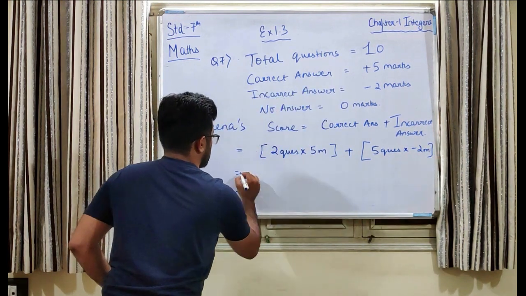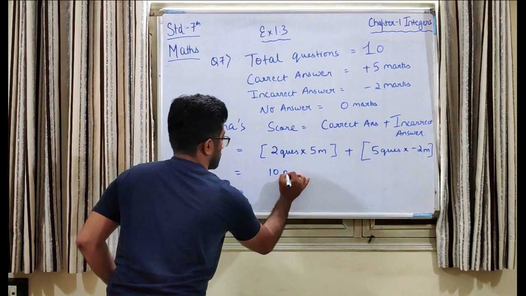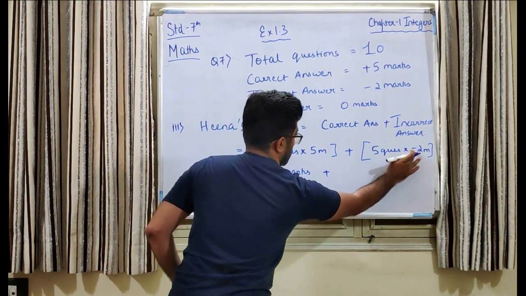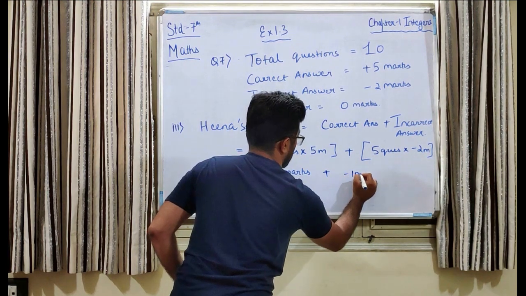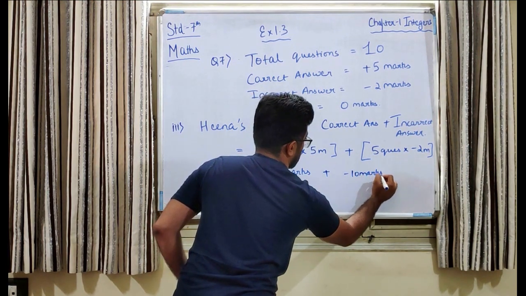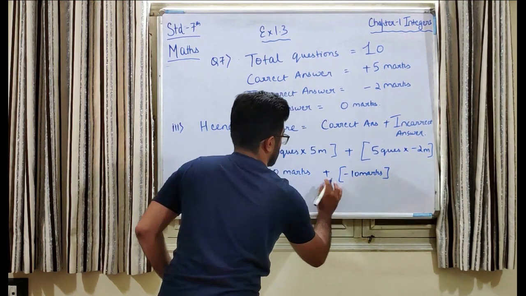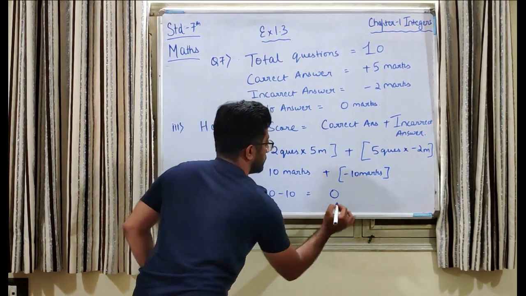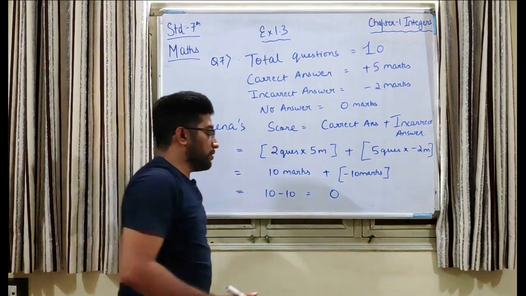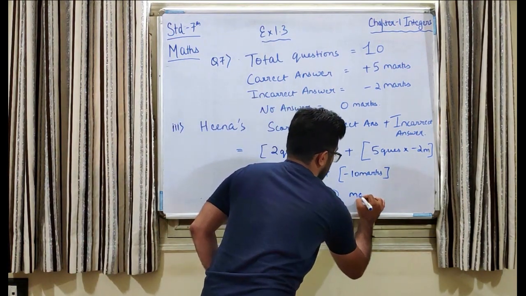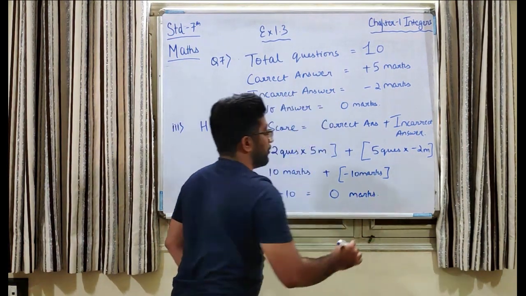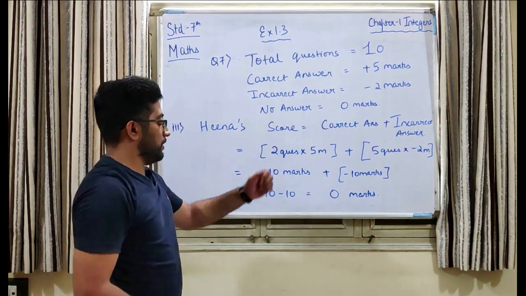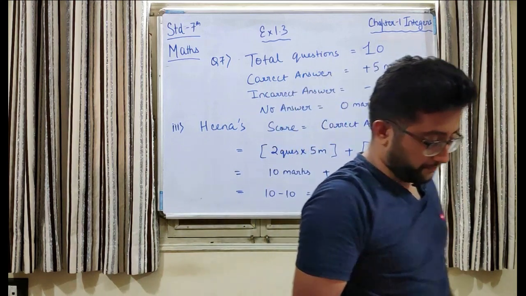This is 5 twos are 10, so negative 10 marks for the incorrect ones. So 10 minus 10 equals 0. So she scored 0 marks at the end of the test. Please make a note.